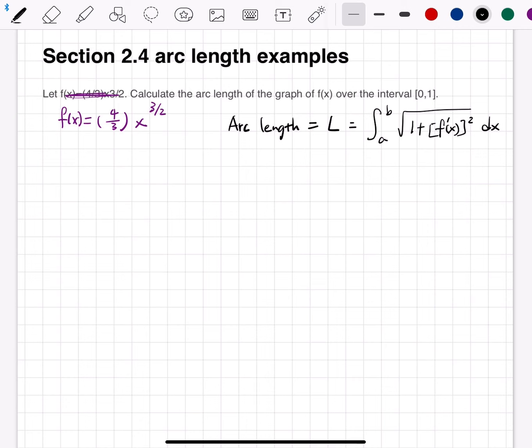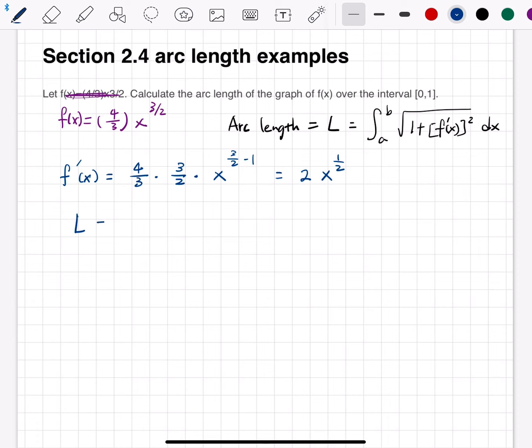So f prime is going to be 4 over 3 multiplied by 3 over 2, times x to the 3 over 2 minus 1 using the power rule, which is 2 times x to the 1 half. Now our a and b are 0 and 1.